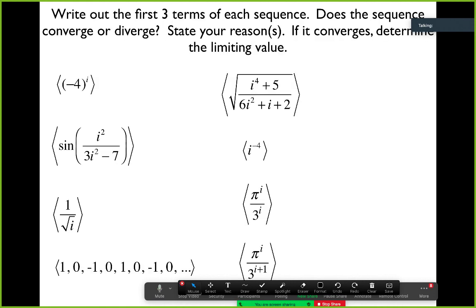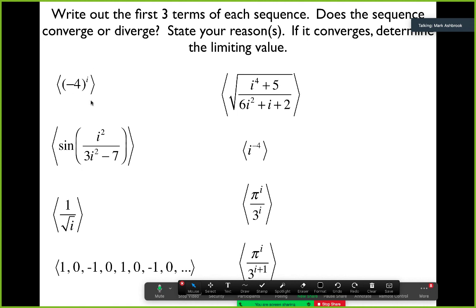Sometimes I think that gets lost when we start trying to identify it and talking about convergence and divergence. Well, what is converging or diverging? It's a list of values. Either it's getting closer and honing in on, or getting indistinguishably close to, some number, or it's doing something else. That's what we mean by convergence or divergence.